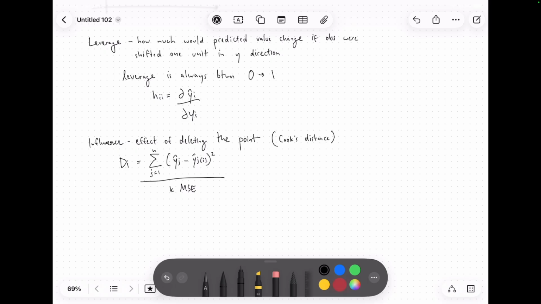And this term here is the fit without y_i, and that's how we essentially get rid of the data point. And k is the number of coefficients.